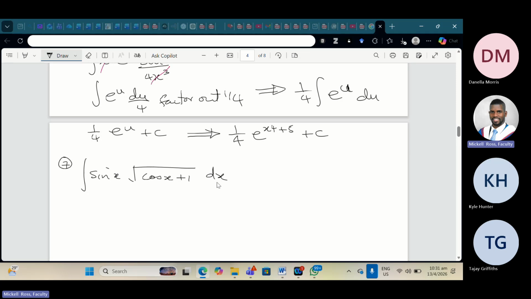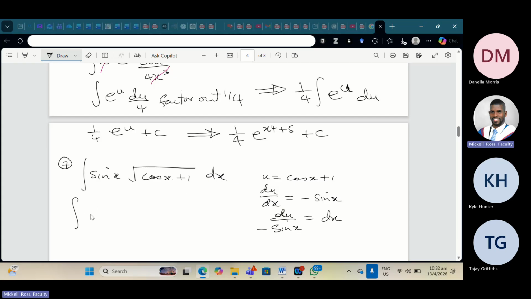So in a case like this, what is under the square root, we have to use that as our u. So u is equal to cos x plus 1. The derivative of u with respect to x: differentiate cos, we're going to get negative sine x. So that means du over negative sine x is equal to dx.